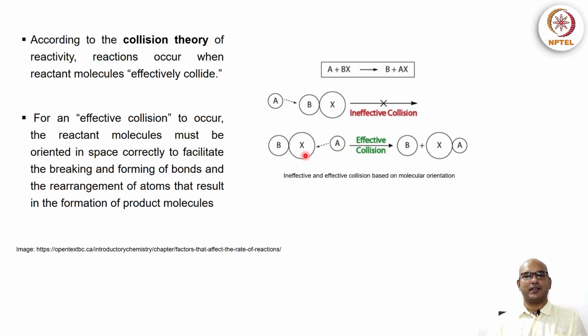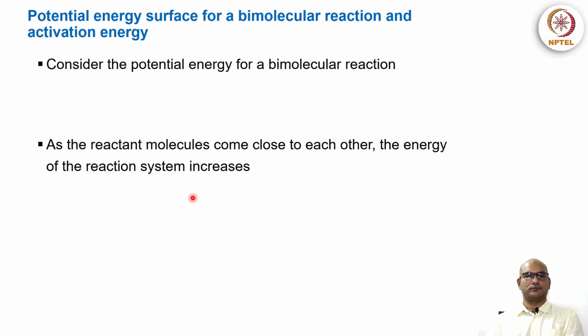A must collide with X to cause production of AX. So for effective collision to occur, the reactant molecules must be oriented in space correctly to facilitate breaking and forming of bonds and the rearrangement of atoms to form products.